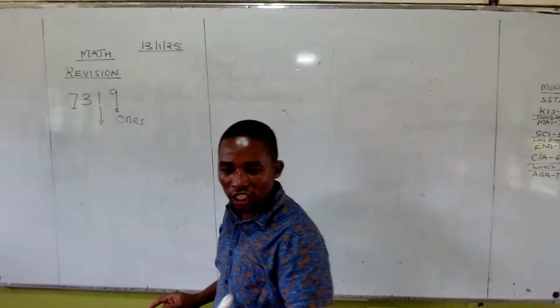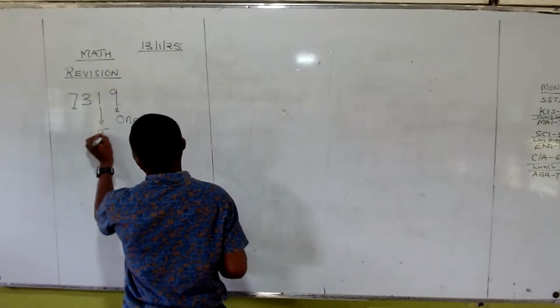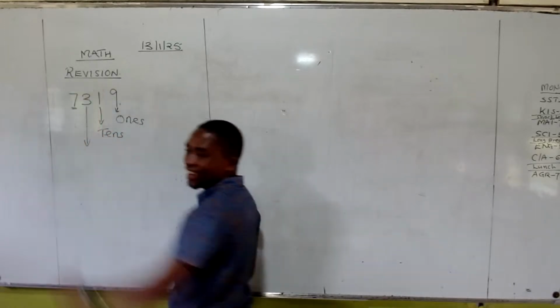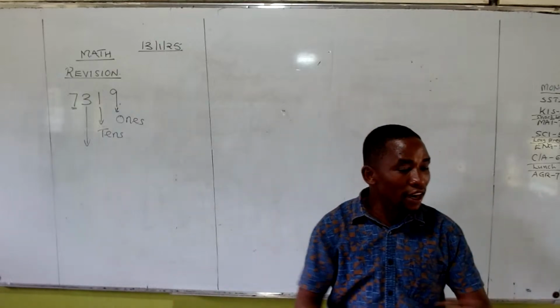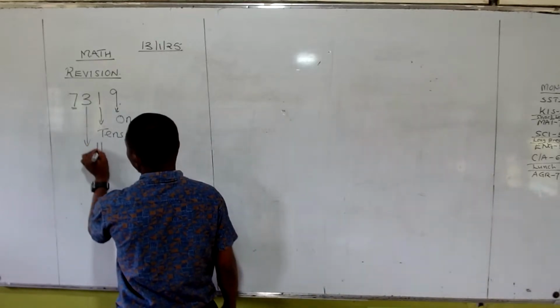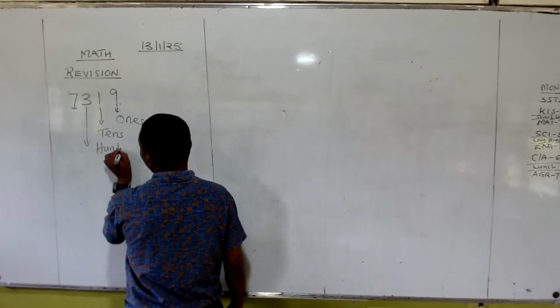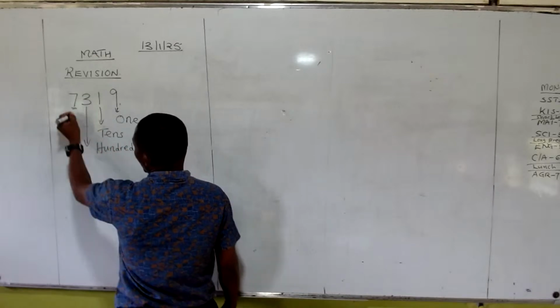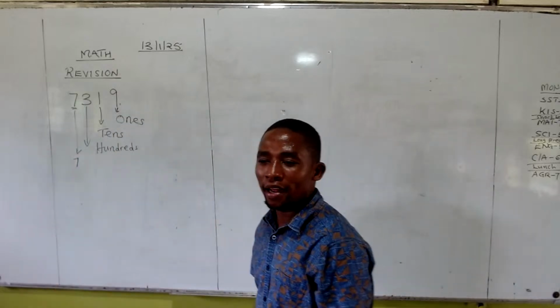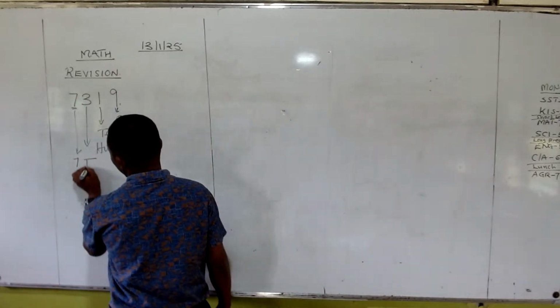What is the position, Taslim? 10. Third digit is 3. We don't value chorus answers here. Yes? 100. Fourth digit is now 7. What is the position? 5,000.